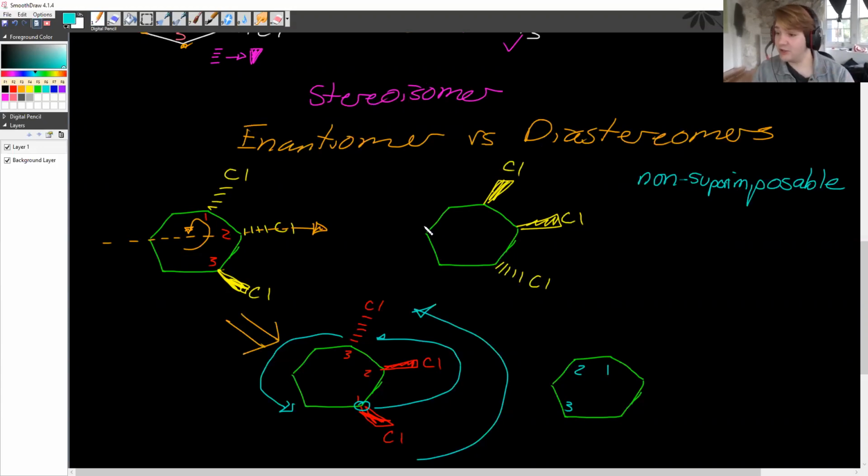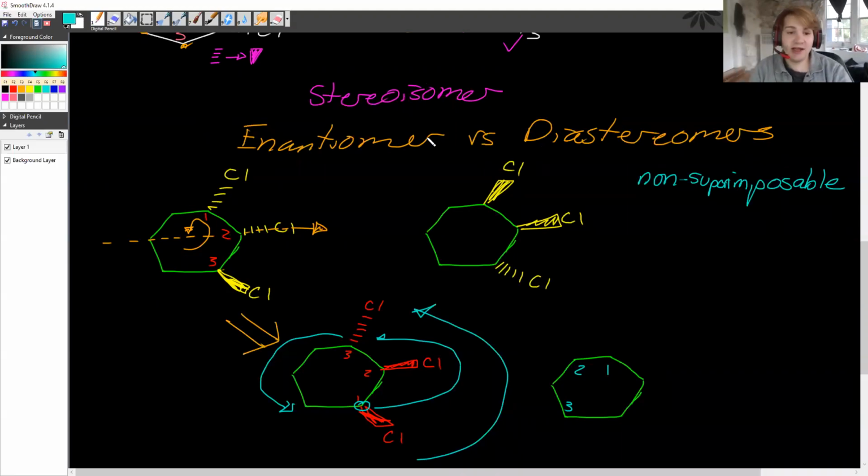Stereoisomer in general is going to be talking about non-superimposable: molecules that do not overlap, that do not match up. That's the question you ask yourself to identify a stereoisomer: non-superimposable.